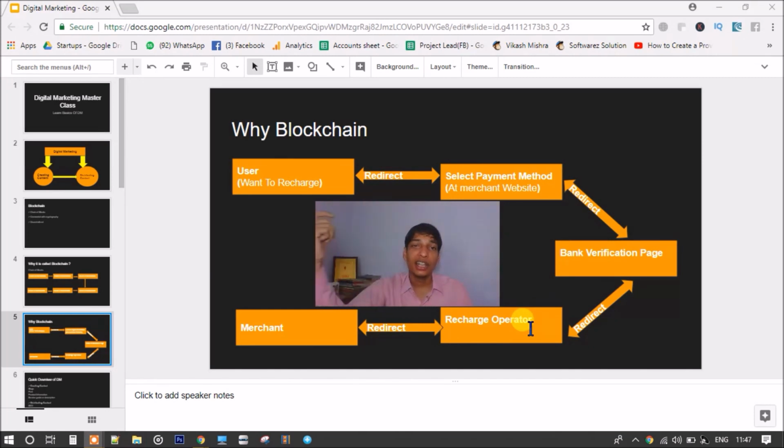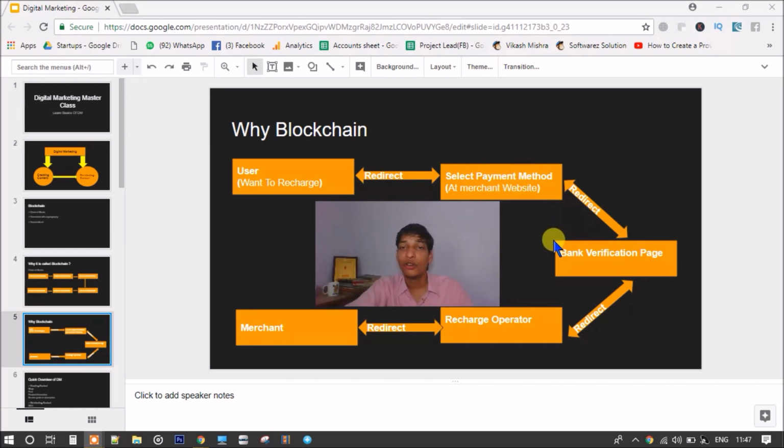With blockchain, the information will be shared with every node. It will be shared with the user, with the merchant, with the bank, with the recharge operator. So anyone can verify the whole transaction. So this is everyone. When we talk about everyone in blockchain, data is shared with each and every node so that they can verify the transaction.